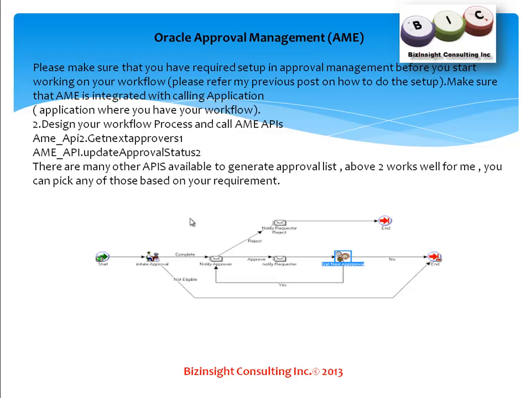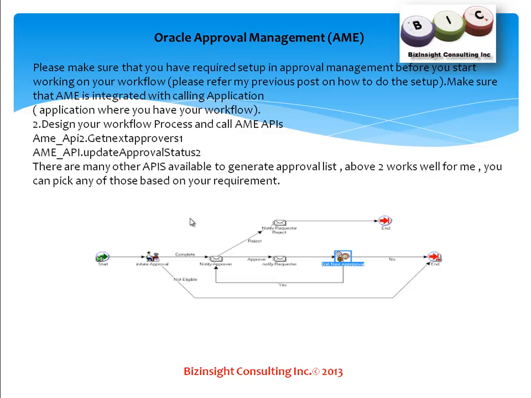If it is purchasing or quoting, it is already registered with AME. But suppose you have a requirement for order management, which is one of the standard applications of Oracle ERP, and you want to use AME. You have to go to AME and register that application, order management, with AME. In our case it was a custom application, so we registered it with AME.